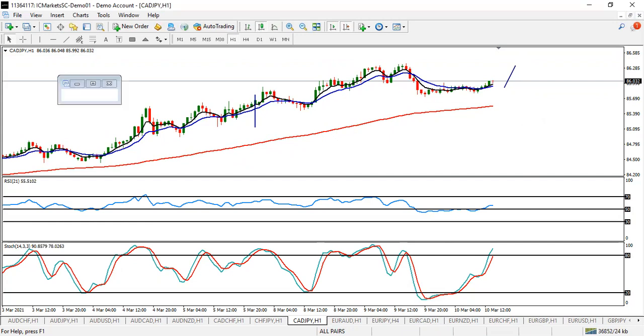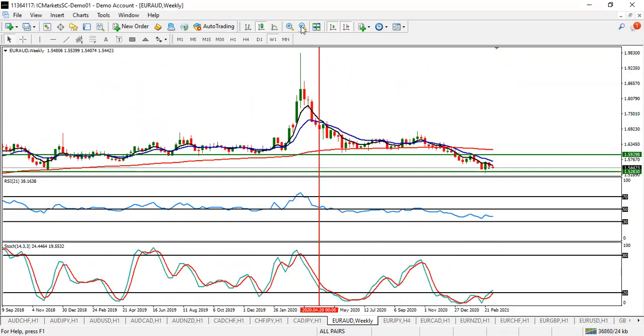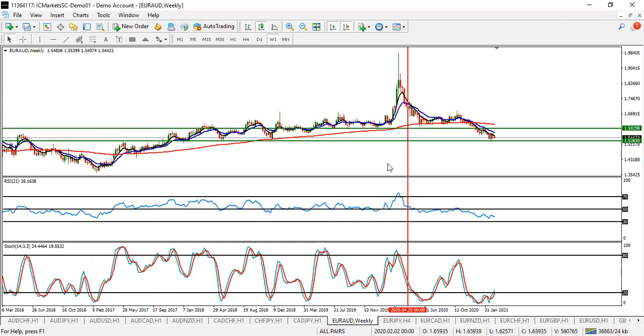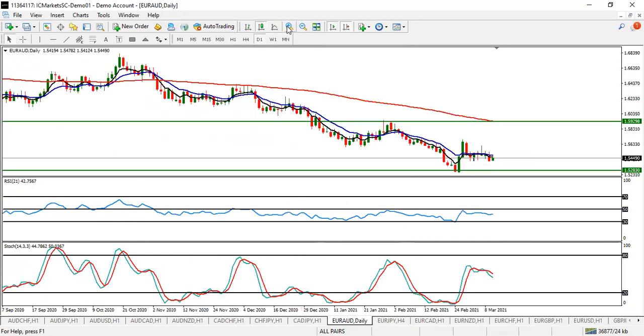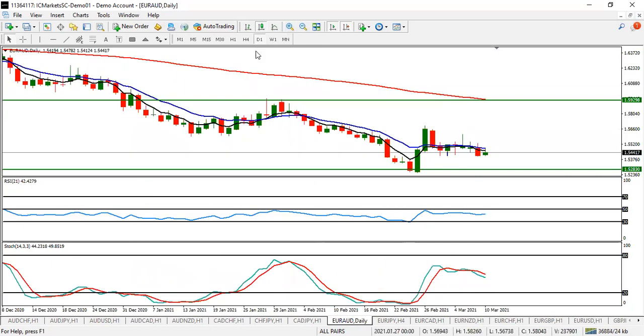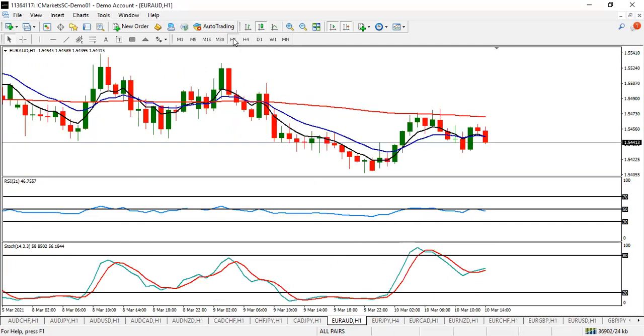Euro AUD. Though the pair has touched the support on the weekly time frame, a good pullback on the daily time frame may give us a good sell entry on Euro AUD.